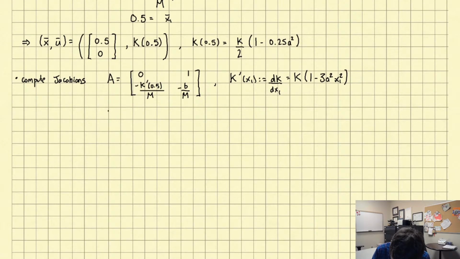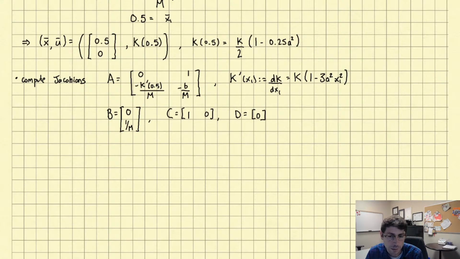B matrix, C matrix, and D matrix. Actually, B, C, D, it's already linear, right? So when you compute those Jacobians, nothing changes. The source of the nonlinearity here is the spring.